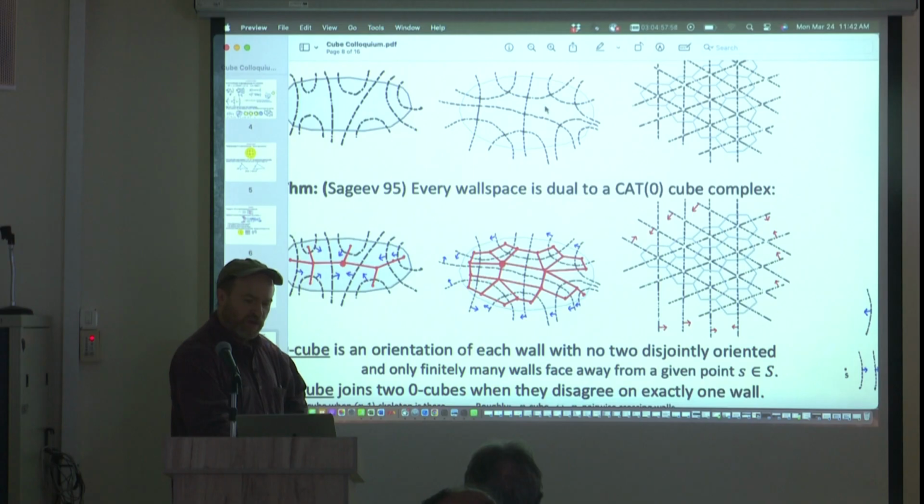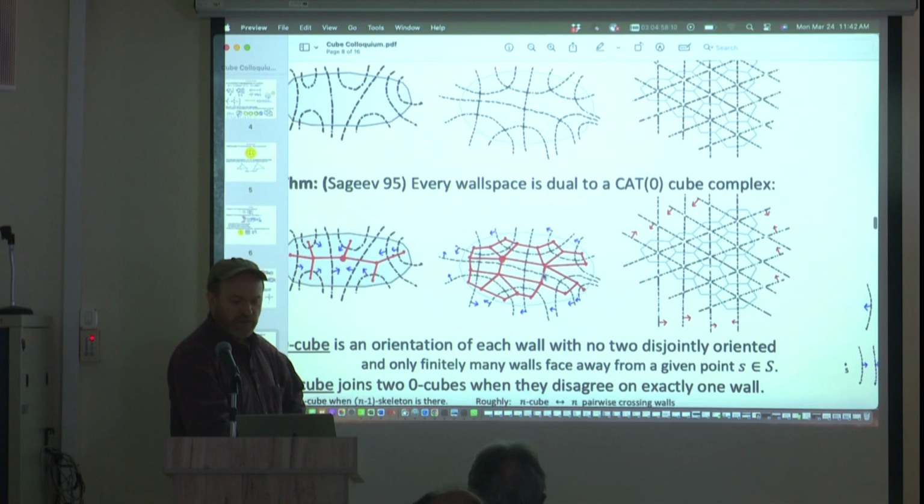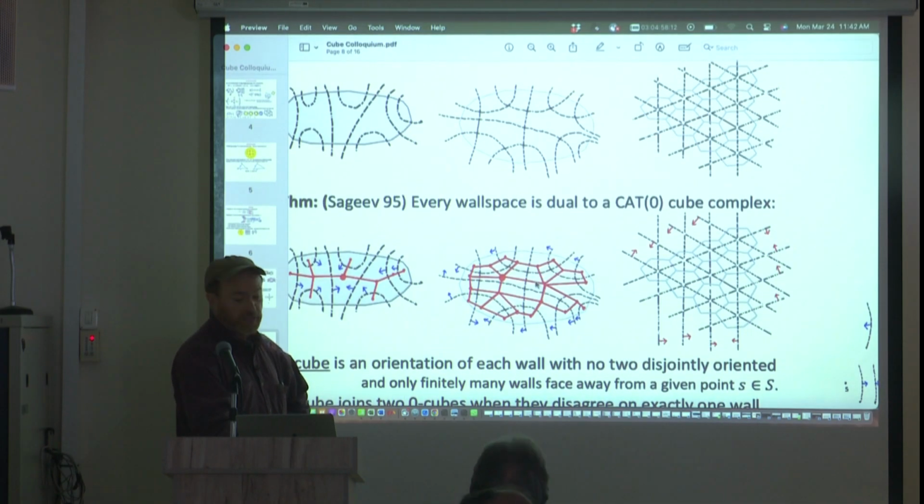And when a bunch of regions travel around some point, then you add a 2-cube. This is the dual, right? This is a dual that's an exciting dual.